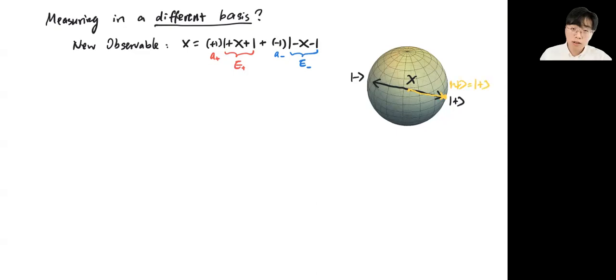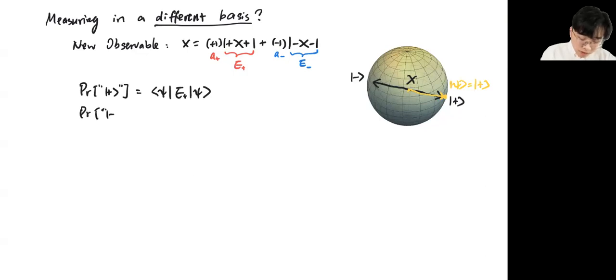We can quickly calculate the probability of measuring psi to be plus as <psi|E plus|psi>.